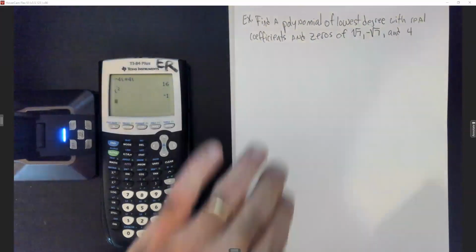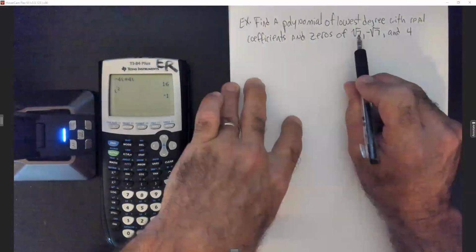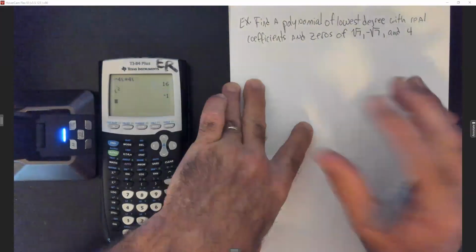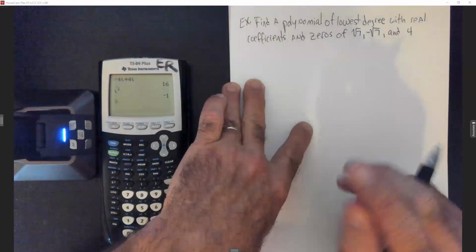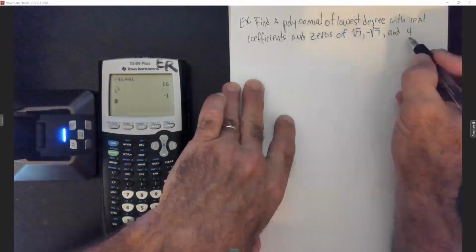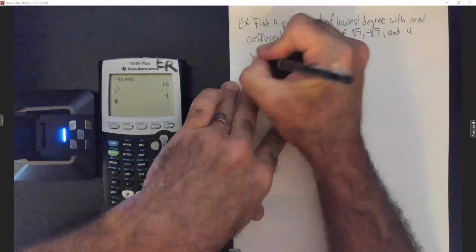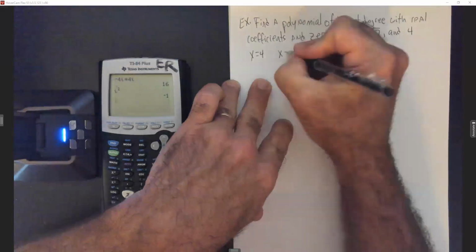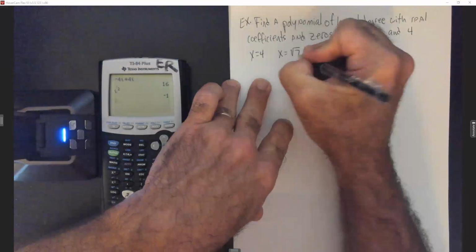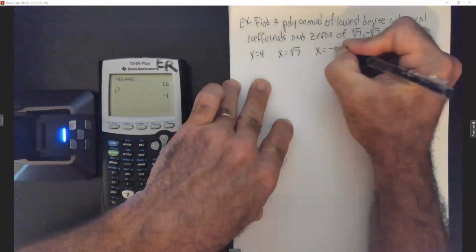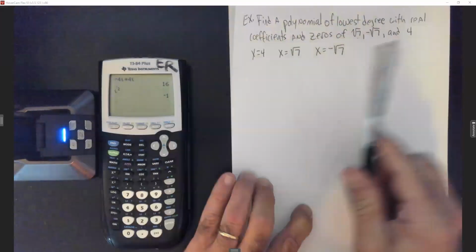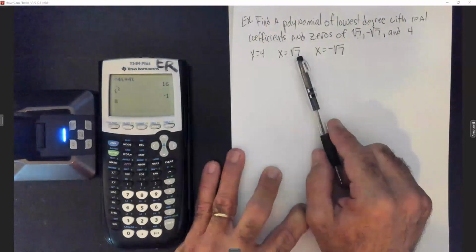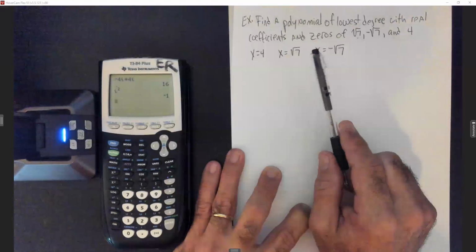Now, y'all, I'm going to be picky since I got radicals. Those are really almost like the imaginary numbers. So what I'm going to do when I put my stuff, I'm going to put the 4 first. I'm going to put x equals 4, x equals a square root of 7, and x equals a negative square root of 7. So once again, to get these type of zeros, they would have had to solve it by square roots or the quadratic formula, okay?